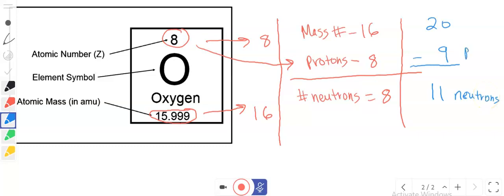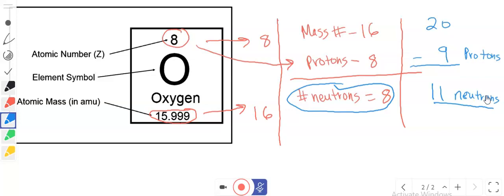So you have 9 protons, and you have your mass number of 20. So 20 minus 9 gives us 11. So our neutrons will be 11, and in the case of oxygen here, it will be 8. Okay. So those are 2 examples of how to find your neutrons.